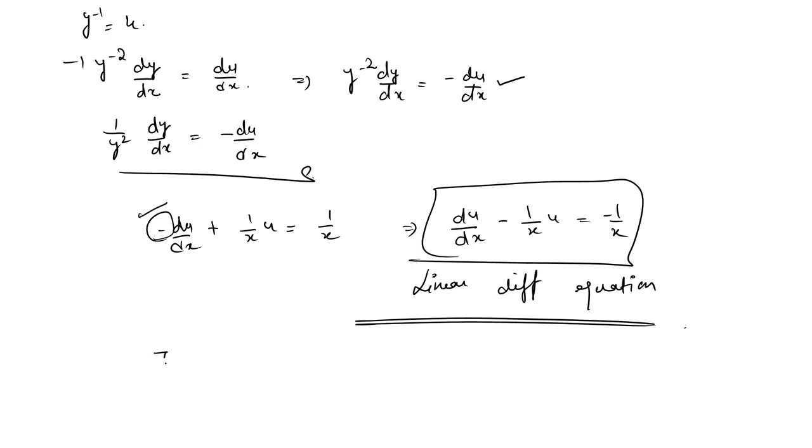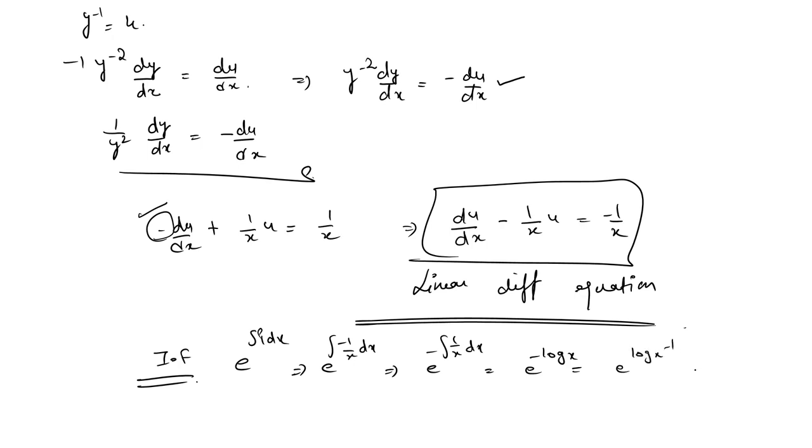Now how can we solve it? We will first find the integrating factor. It is e to the power integration of p dx, e to the power integration of minus 1 by x dx, which is e to the power minus log x, that is 1 by x. So what is the solution? u into integrating factor equals integration of q into integrating factor plus c. u as it is, integrating factor is 1 by x.